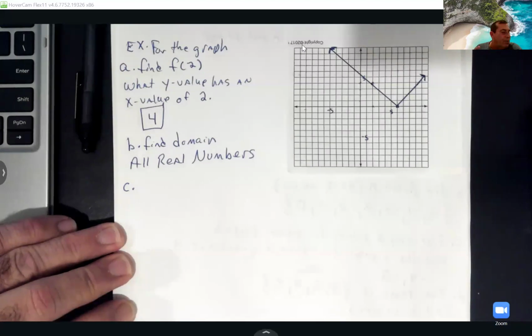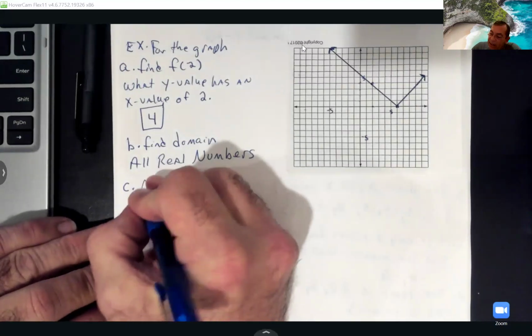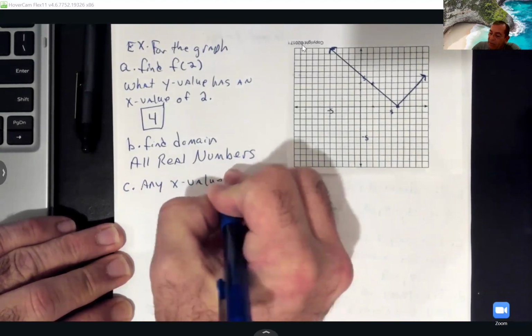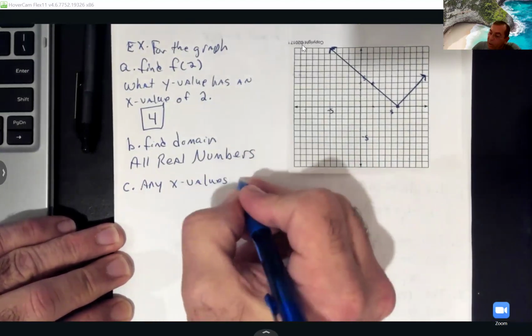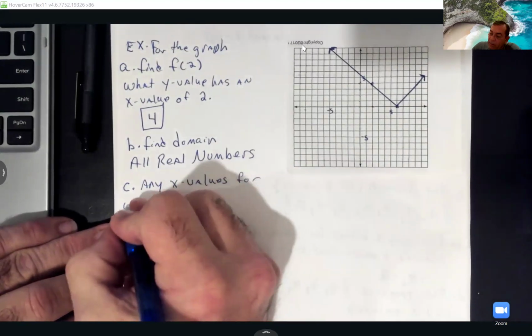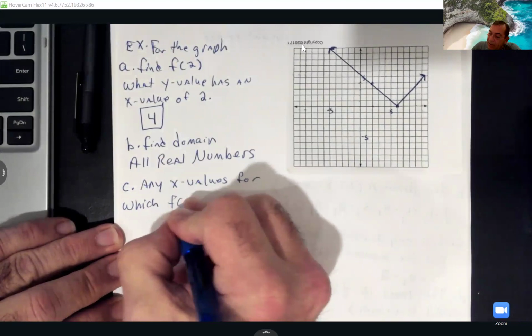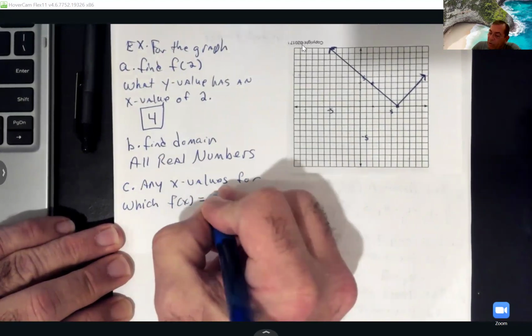All right, y'all. For C, they want any x values for which f of x equals 1.